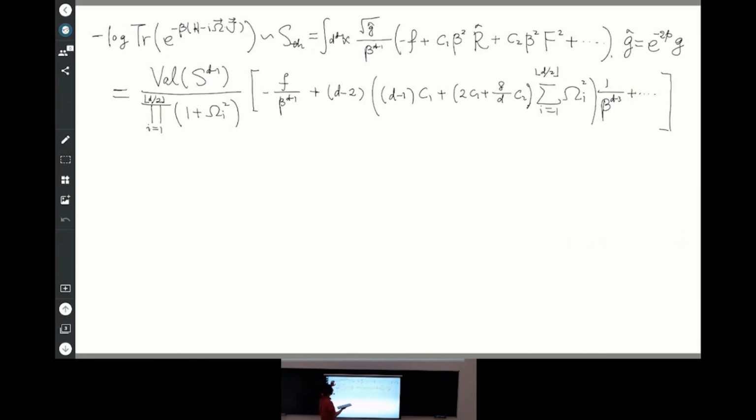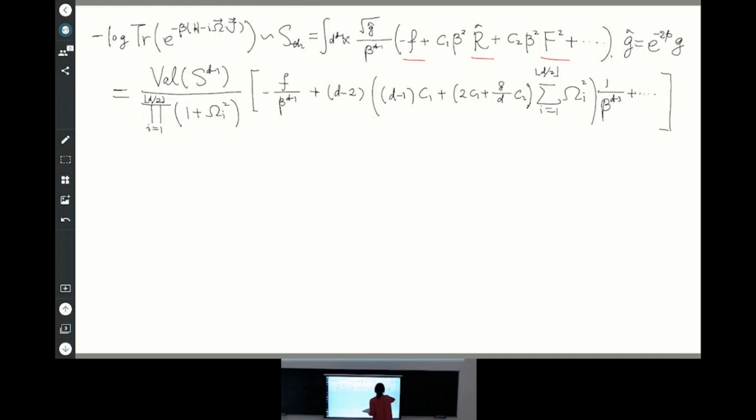Here I wrote down the first few terms in this derivative expansion. What are they? Well, they are the cosmological constant term, and the Ricci scalar, and also the Maxwell term. Each of these terms comes with an unknown coefficient in front of it, which are just the Wilson coefficients.